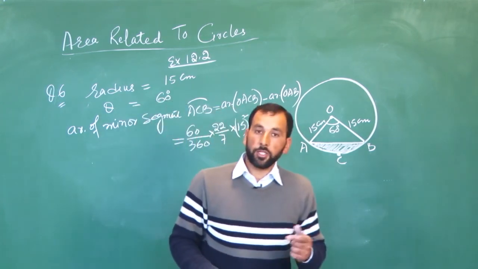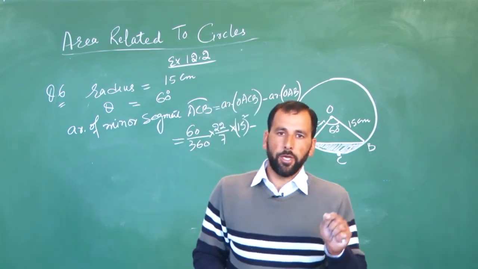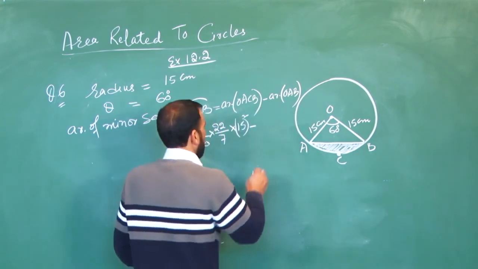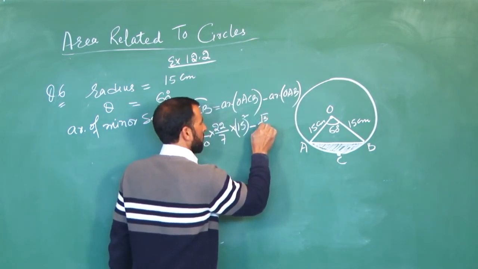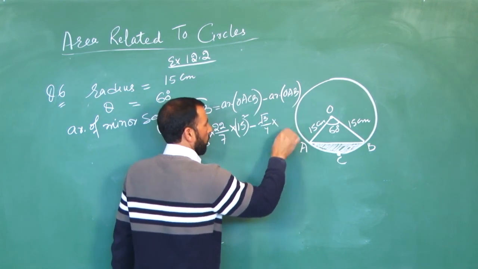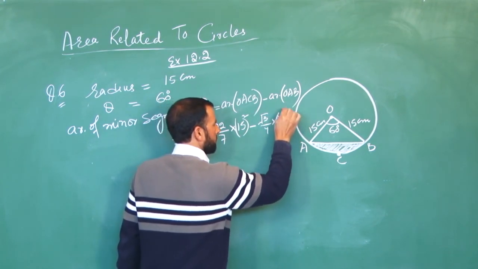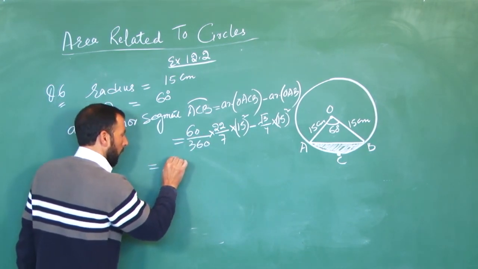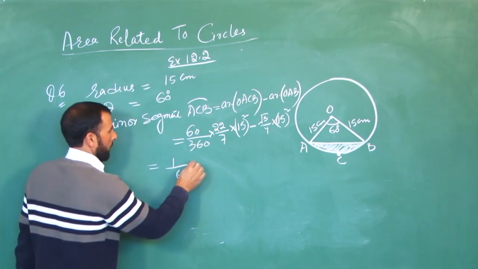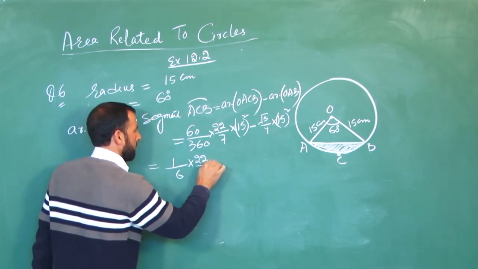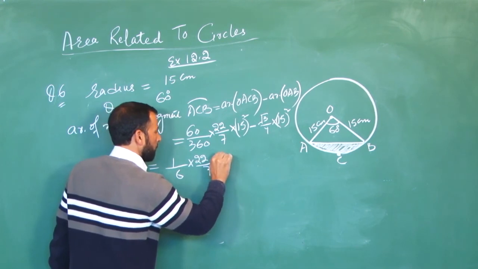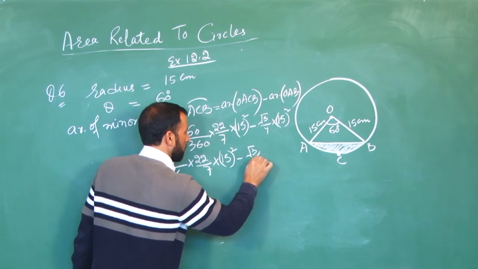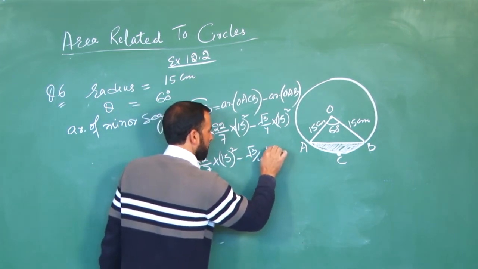In class 9th you have studied that the area of an equilateral triangle is square root 3 by 4 into side square. So we can write square root 3 by 4 into side square. What is the side? It is 15 square. That implies 60 by 360 is 1 by 6 into 22 by 7 into 15 square, minus square root 3 by 4 into 15 square.